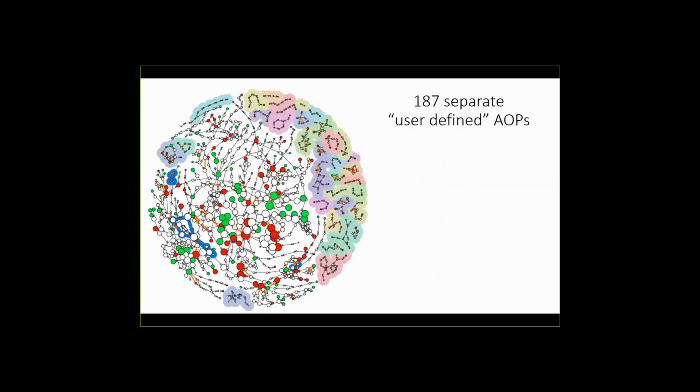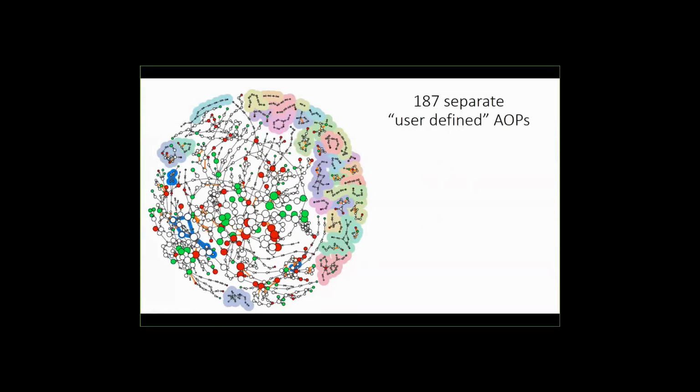We conducted a recent study on the state of the whole AOP knowledge base about a year ago in April. And at that time, there were 187 separate user-defined AOPs. And that's what this figure over here demonstrates. When you combine them together, they form a large network.